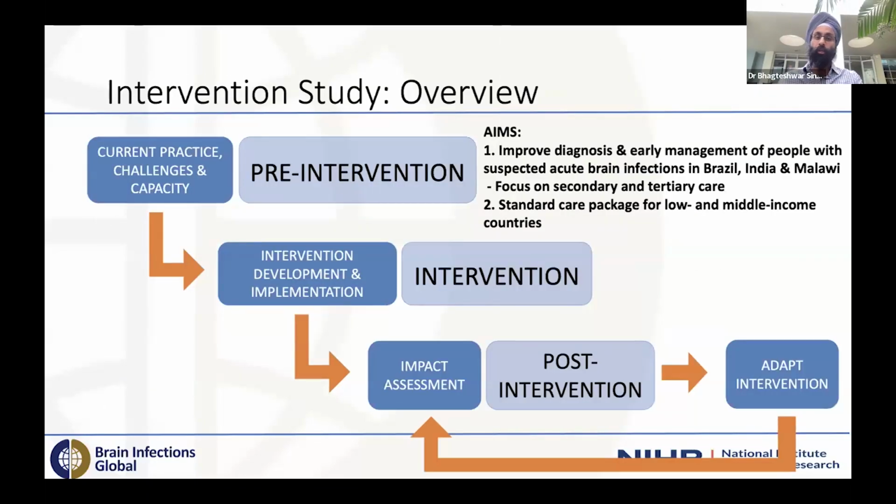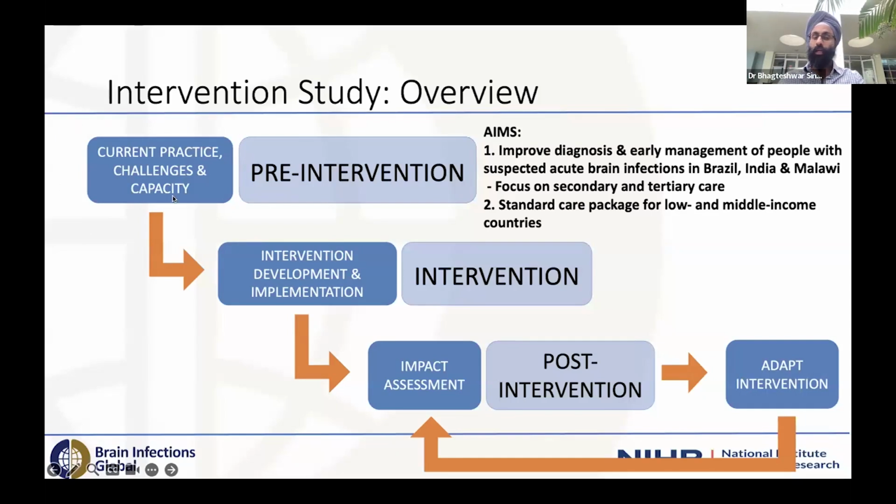The work was mainly done in Brazil, India, and Malawi. We aimed to improve the diagnosis and also where we could, early management of people with possible brain infections. We focused on hospitals, secondary and tertiary care hospitals, and I think we've come up with a standard care package or toolkit that can now be used beyond where we worked.